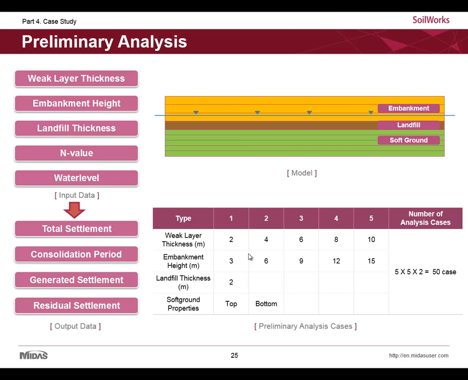So for this project, a total of 50 cases had been performed with different layer thickness and ground properties. In preliminary analysis, we can define additional factors like landfill thickness between embankment and soft ground and the position of water level.